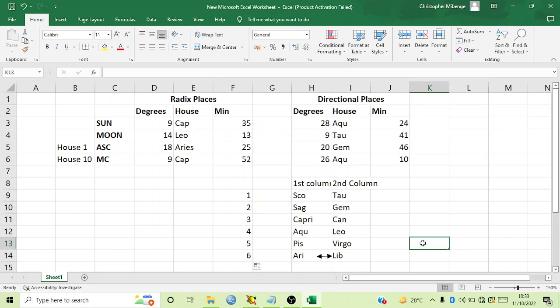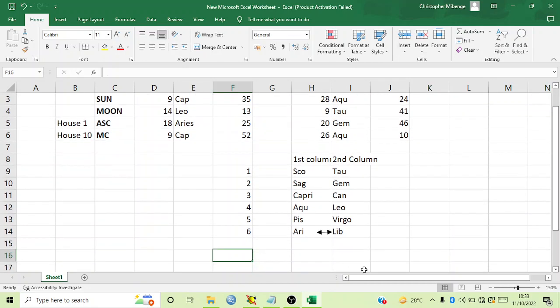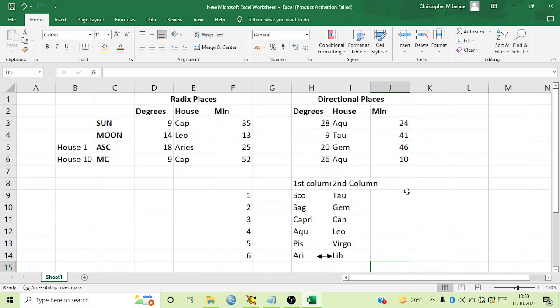So this already arranges the positions of the houses according to their opposites, right? So Aries is opposite Libra. Just to take some notes here, I'll put opposite here, and then I'll put square.